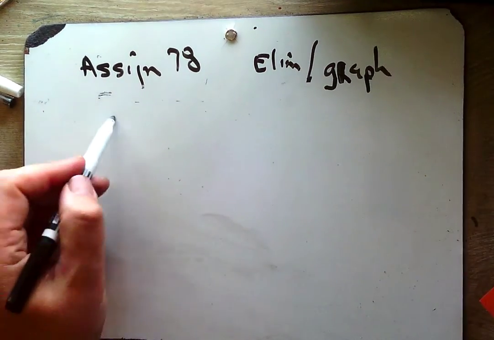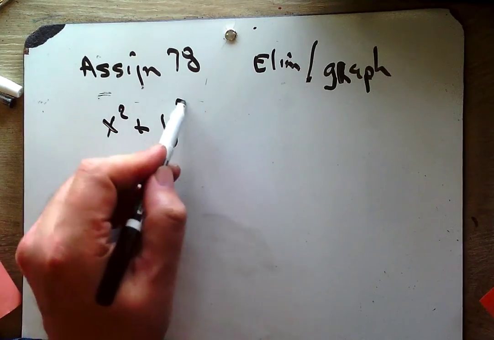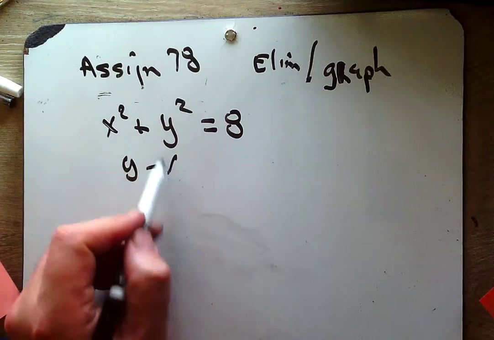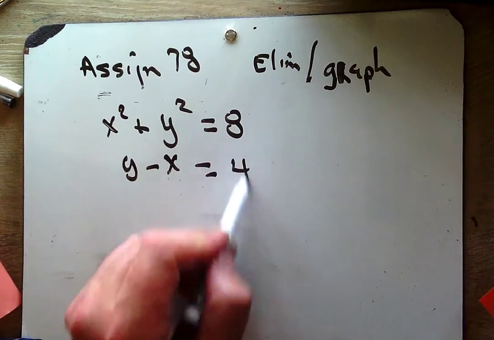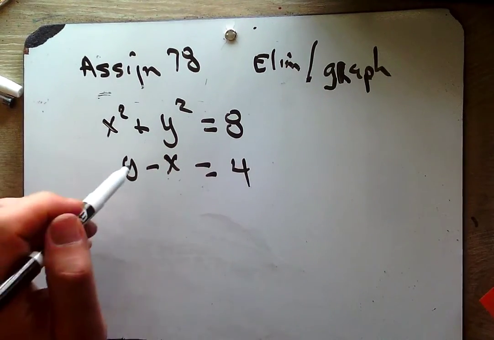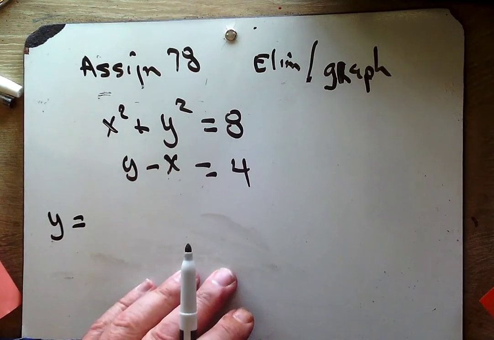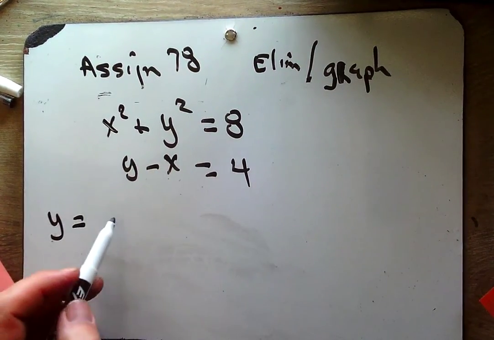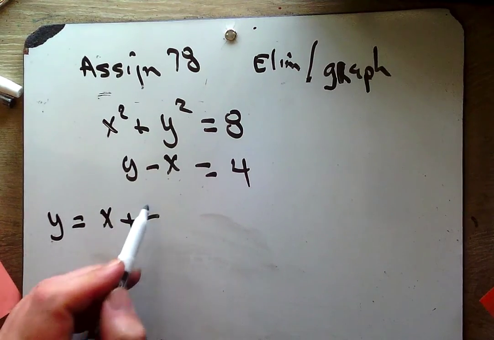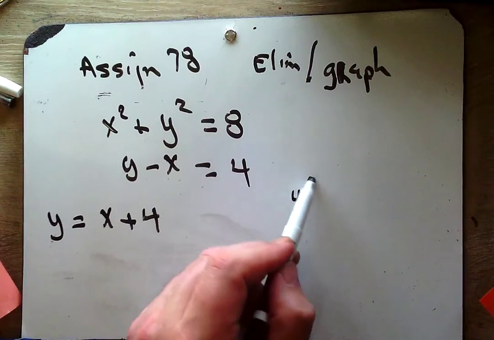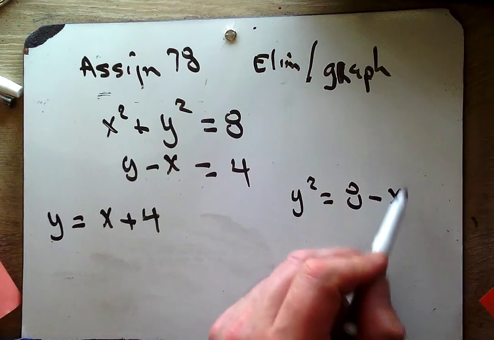I mean, I guess I could take out my graphing calculator and graph each of these equations. The problem though is my calculator always demands y equals form. And so here, I can get there pretty quick by having x plus 4, I add x to both sides. But with this one, I'm going to have y squared equals 8 minus x squared.